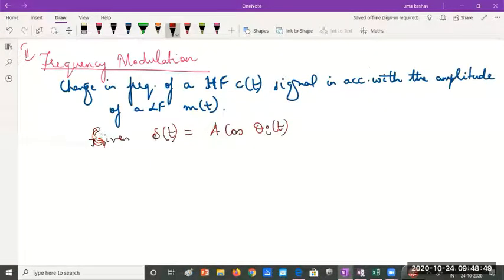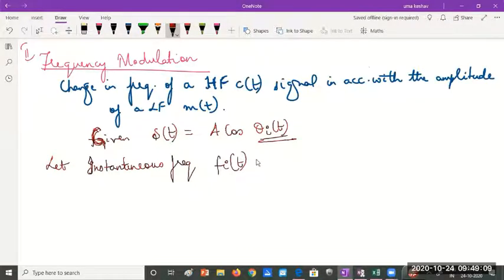In this, theta has a fixed and variable part, but let me start with frequency. Let the instantaneous frequency, f_i, which is a function of time, be defined as fc, which is a fixed frequency, plus fv, which is a variable part.